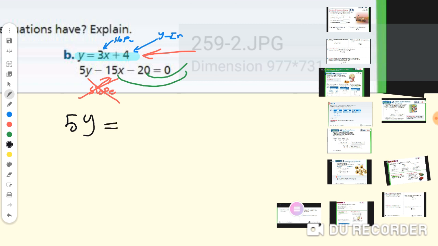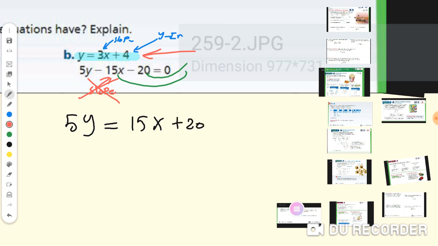After I send the negative 15x to the other side, I send it with a positive sign, so positive 15x. Then send the negative 20 to the other side as positive 20.